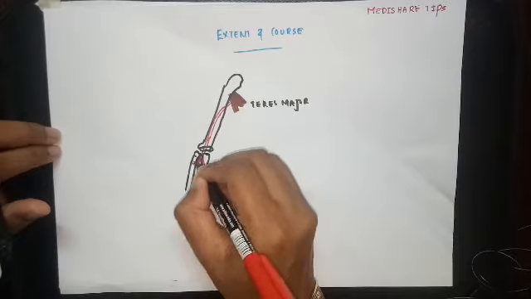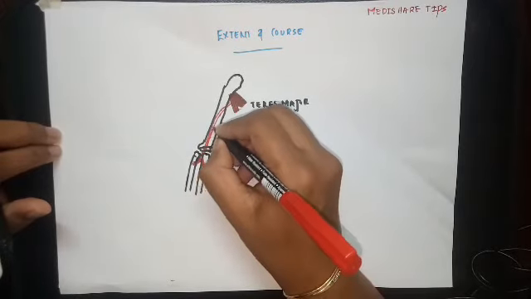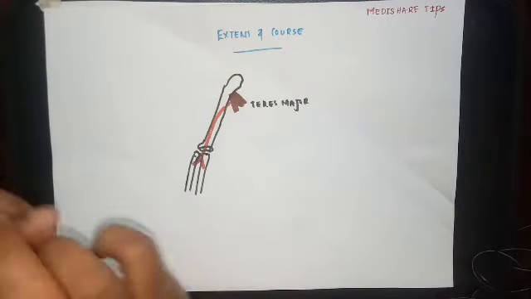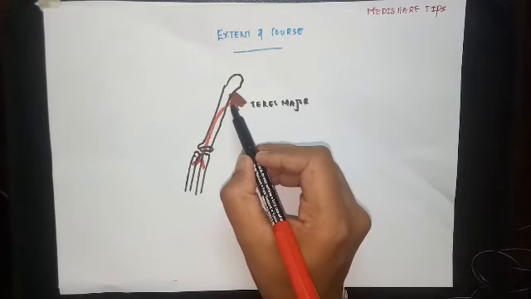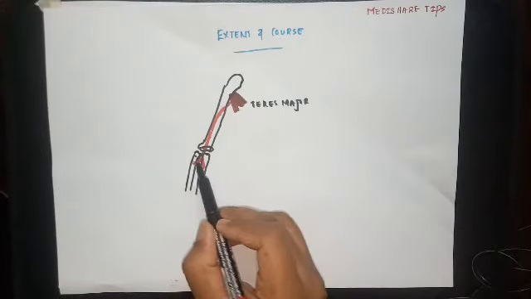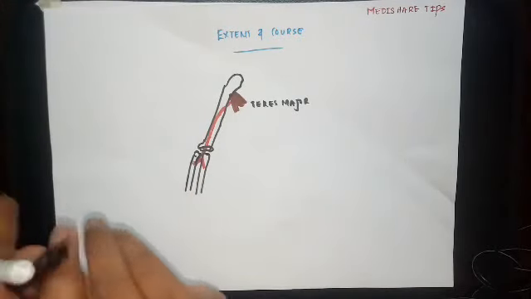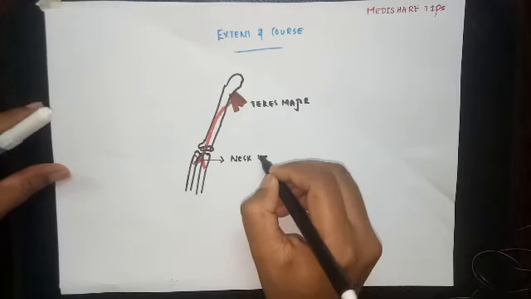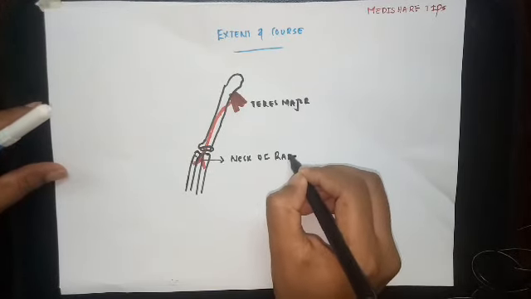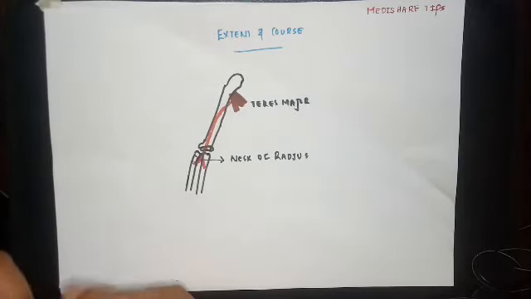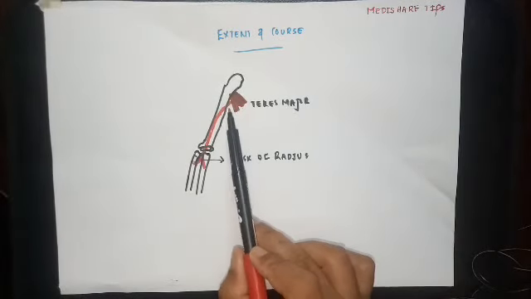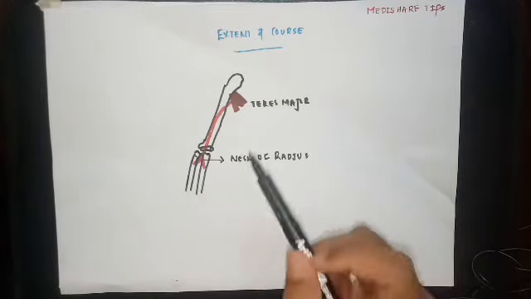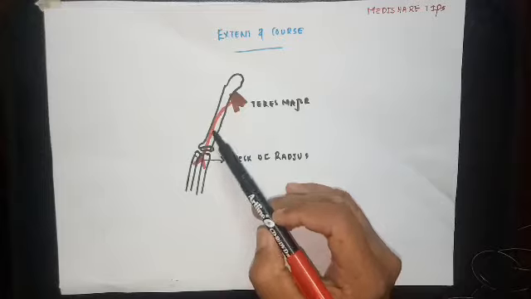So the extent of the brachial artery is from the lower border of the teres major muscle to the neck of the radius. This is the neck of radius. It is superficial throughout its course.